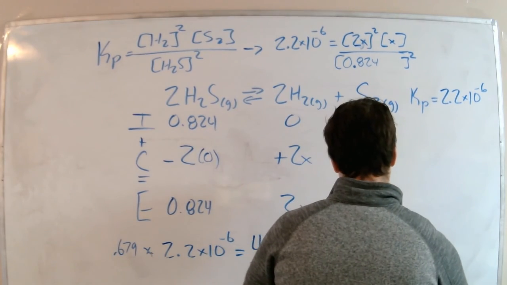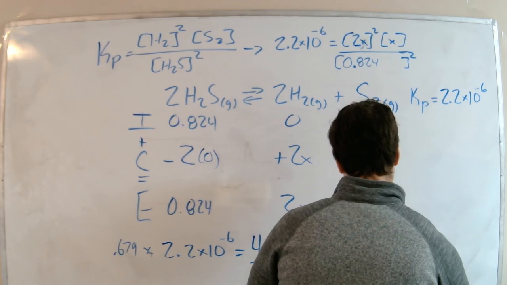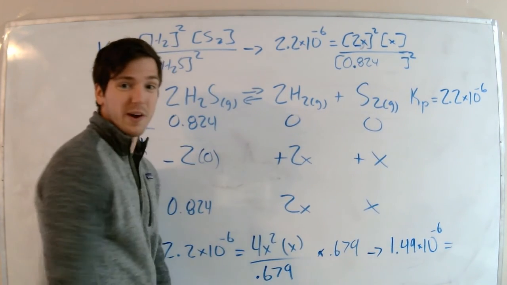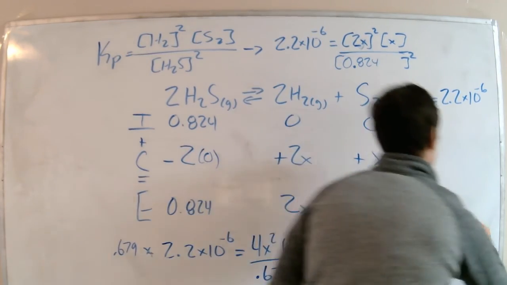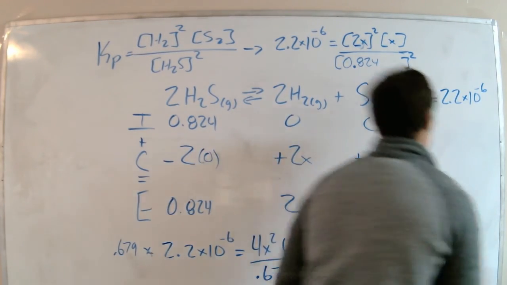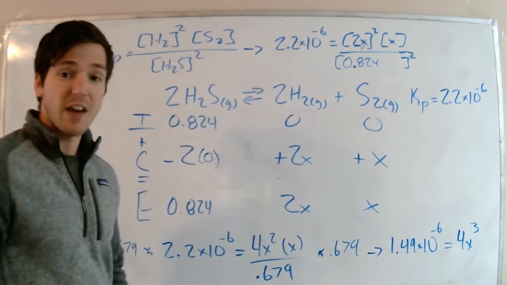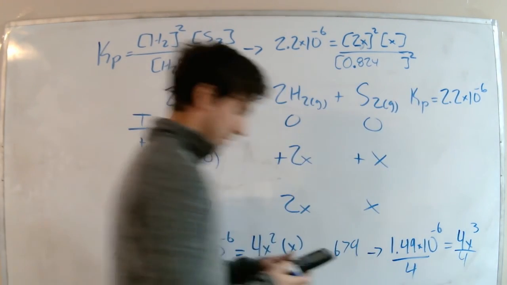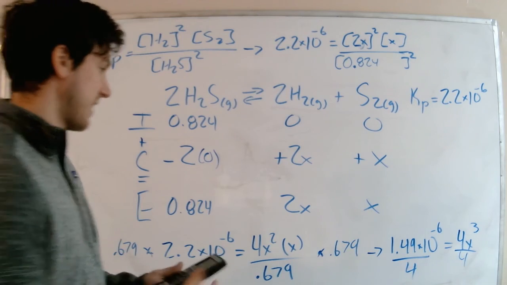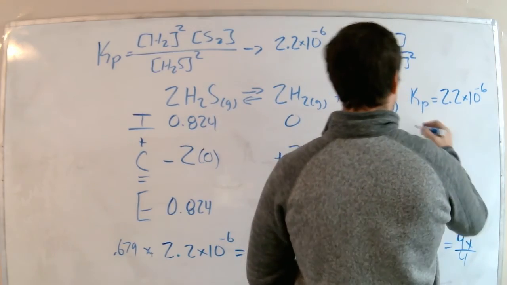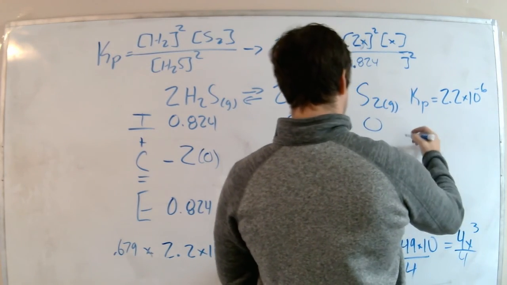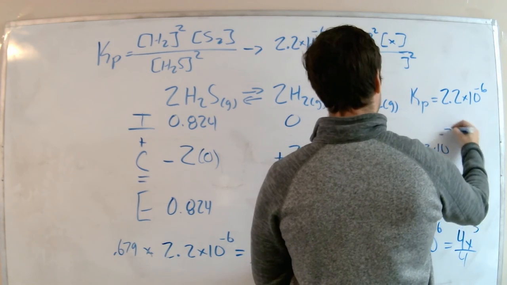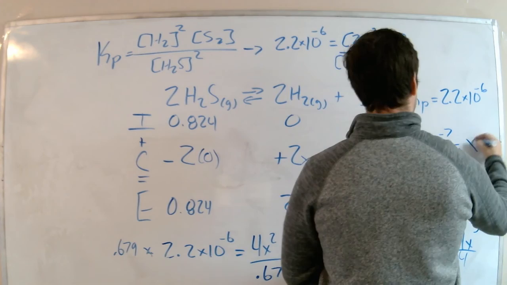I will get 1.49 times 10 to the negative 6 equals 4x squared times x, which is 4x to the third. Divide by 4 on both sides. I'm going to move this up here now. I get 3.73 times 10 to the negative 7th equals x to the third.